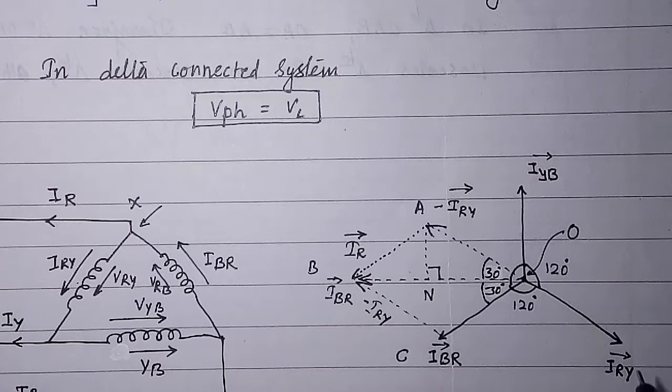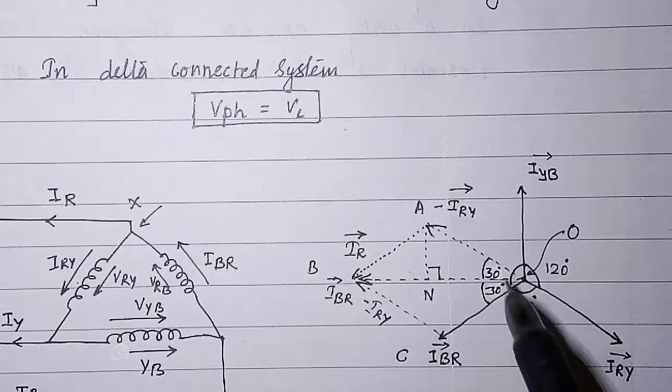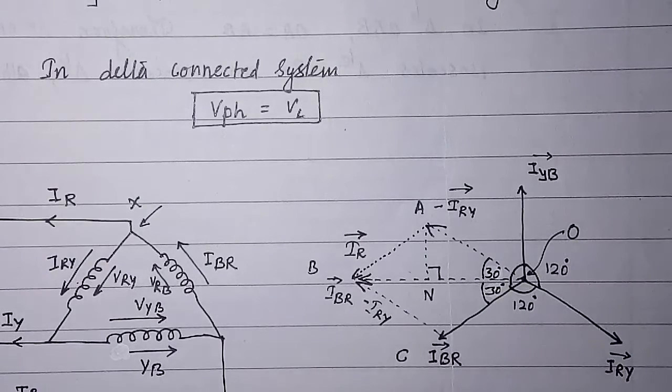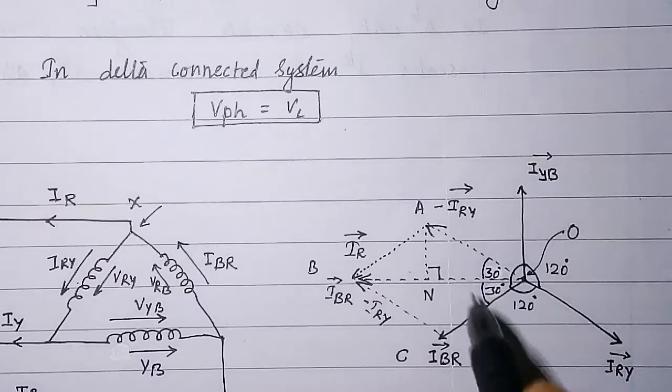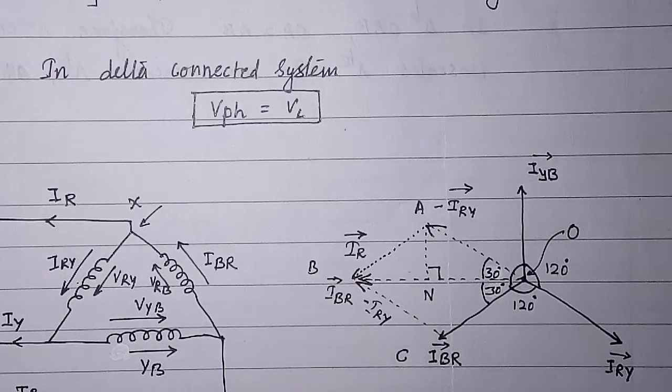It is so because angle between IRY and minus IRY is 180 degree. Angle between IBR and IRY is 120 degree. So 180 minus 120 will become 60 degree. Half of 60 will be 30 and 30 degrees.